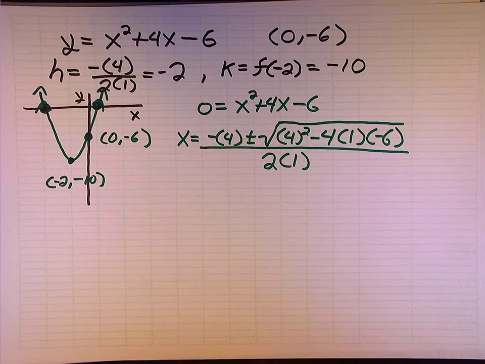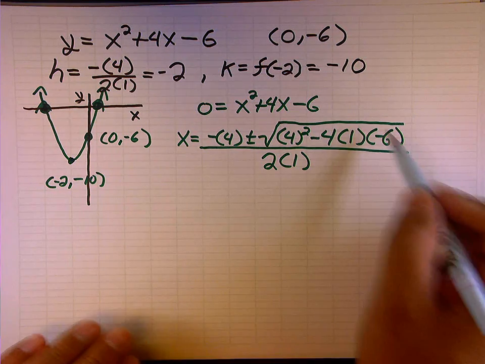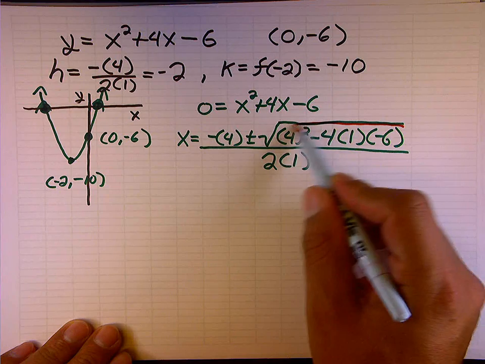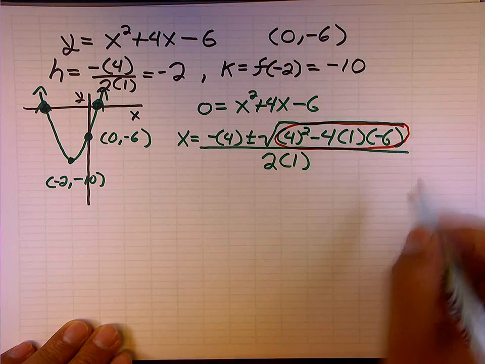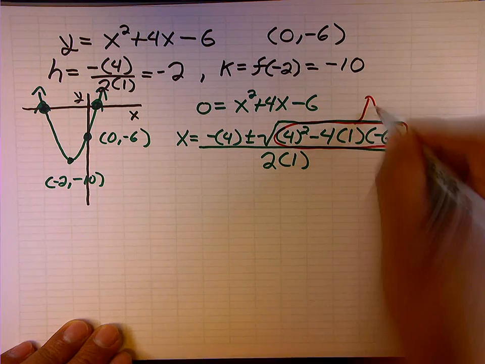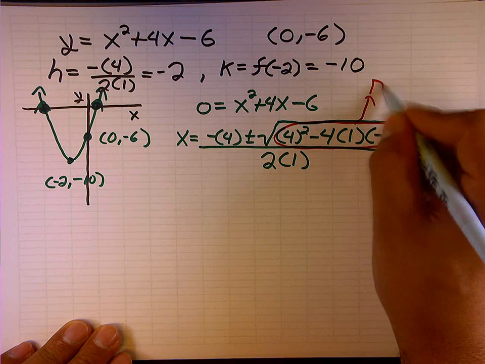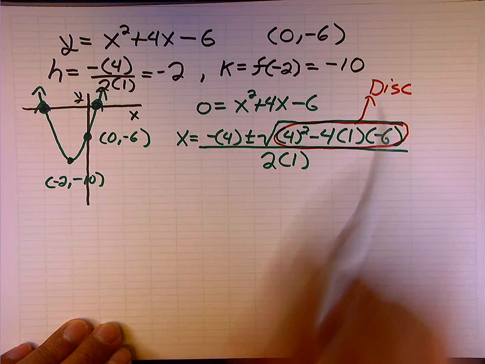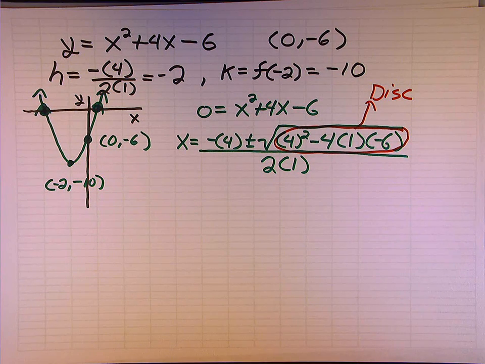When we use the quadratic formula, what I want you to notice is I've got a number under the radical. I need to be able to find that value for me to know that there are two answers, which means that value must be a real number. So the value under the radical, just the number under the radical, is referred to as the discriminant.